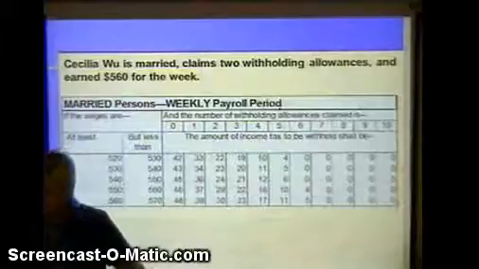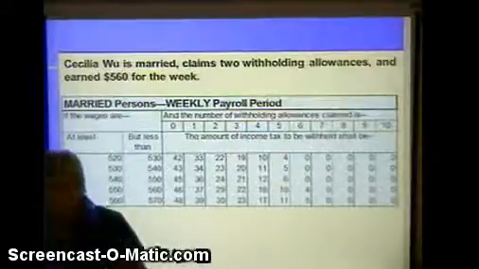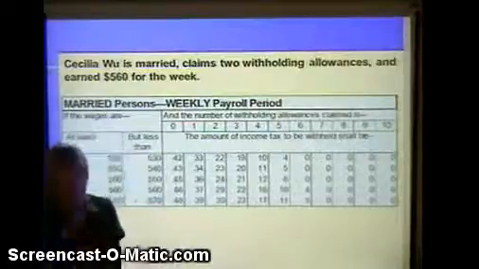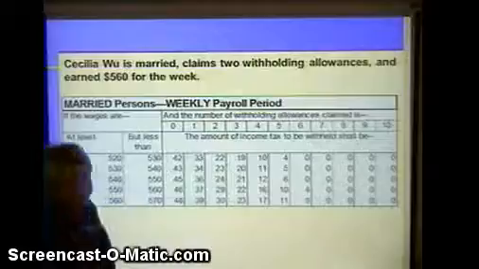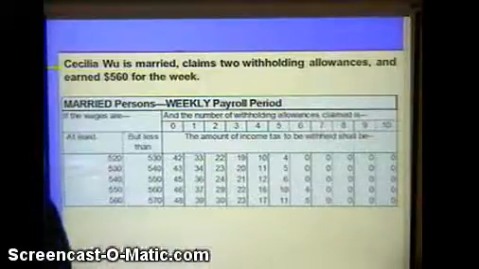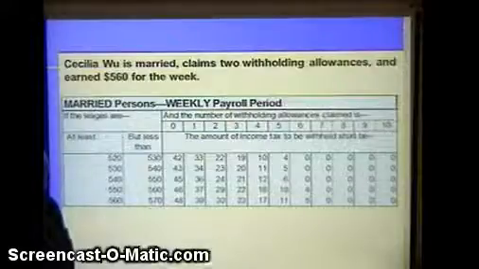Okay, so we're looking at a married person. Cecilia Wu is married, claiming 2 withholdings, and earns $560 for the week. How much are we going to have to withhold? Okay, she makes $560. Everybody agree?